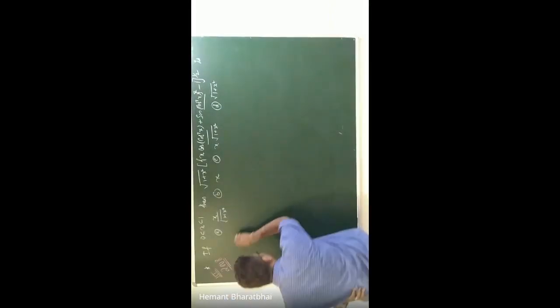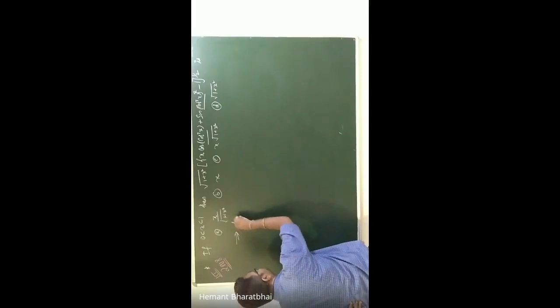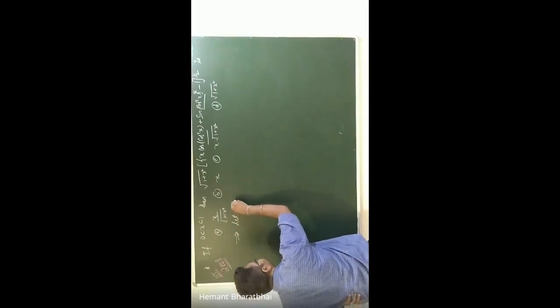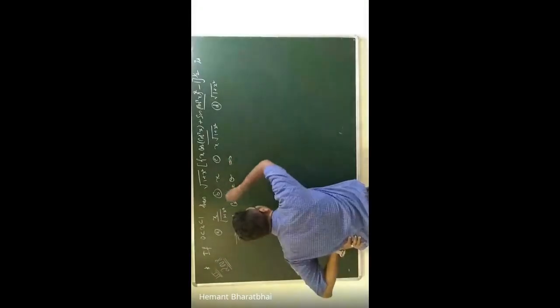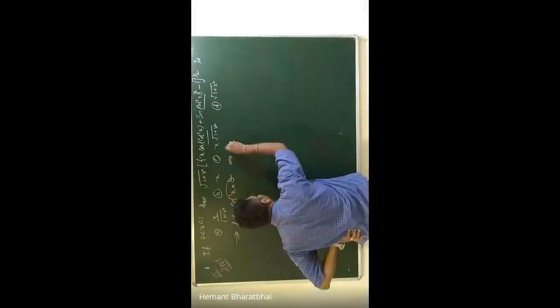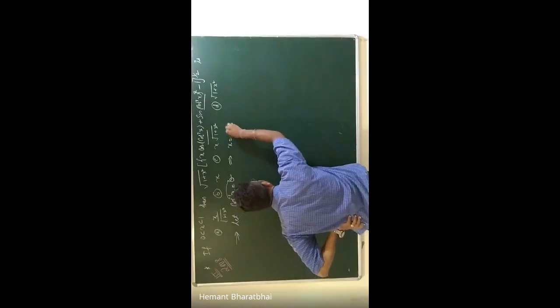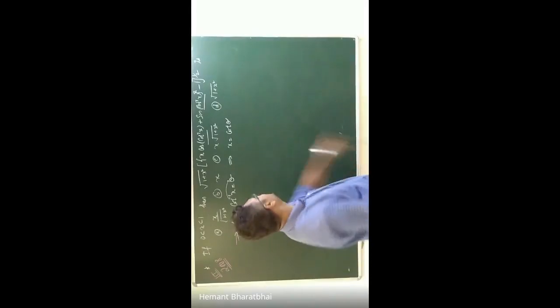So here if I see, here also I have cot and here also I have cot. So let me assume, like we have done in previous numericals also, let cot inverse of x is equal to say theta. You can take anything. So from here I'll get, if this cot goes over here, x is equal to cot of theta. So let's substitute the values over here.